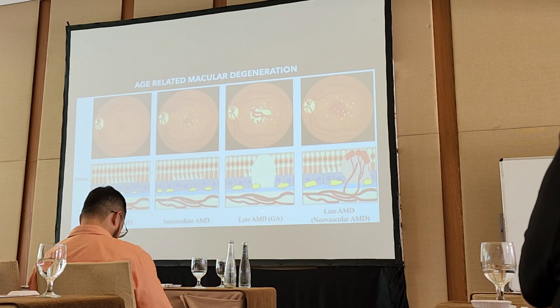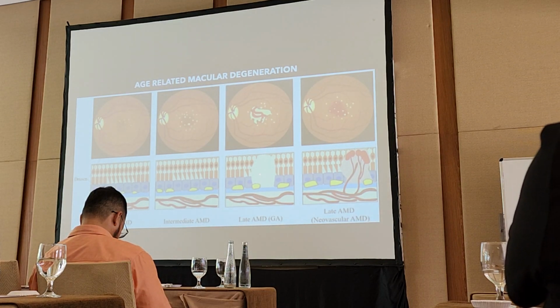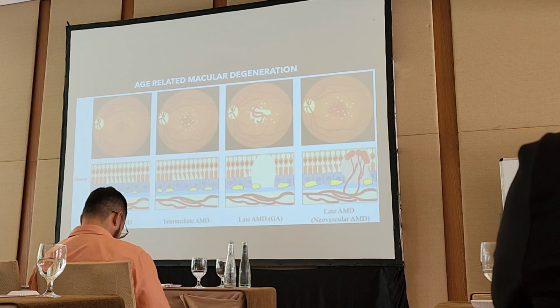And this is a late AMD or a geographic atrophy, where you can find that there's a disruption or a disorganization of the photoreceptor layers in the RPE. So the RPE is gone, photoreceptor is gone. Then you can see the large choroidal vessels behind the retina.